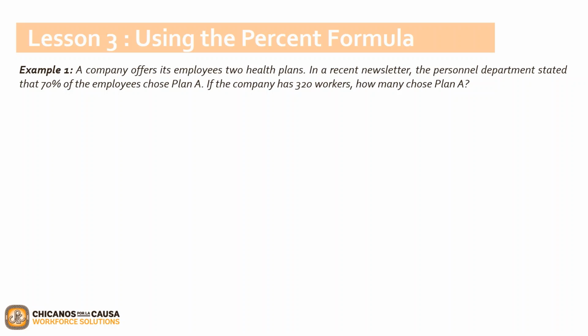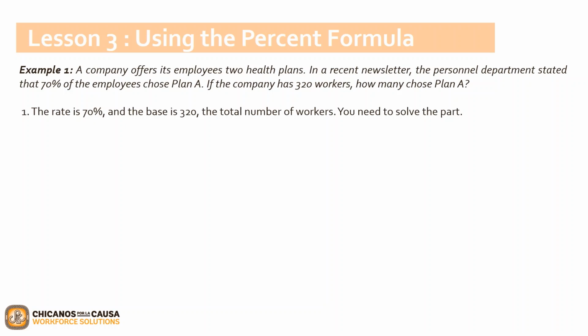In order to solve and answer this example question, we must use the formula base times rate equals part and identify the base and rate. Therefore, first, the rate for the example question is 70% and the base is 320, the total number of workers. We now must solve the part.